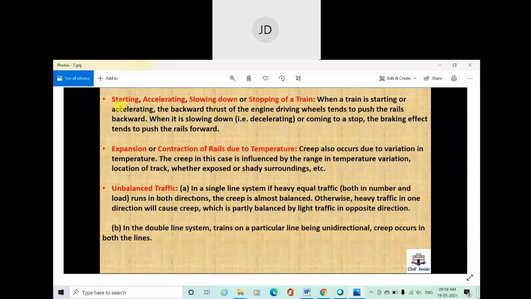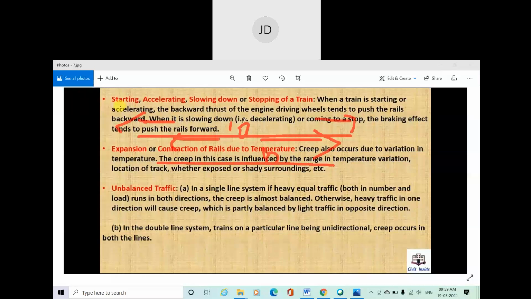So in a single line system, if heavy equal traffic, both in number and load, runs in both directions, the creep is almost balanced. Suppose there is only a single track, and 10 trains are moving in this direction and almost the same 10 trains are moving in the opposite direction. The creep occurring in this direction may be neutralized by the creep occurring in the other direction. The rails will not move in either direction because the same amount of load is acting in both directions. So in a single line system, if heavy equal traffic runs in both directions, the creep is almost balanced.